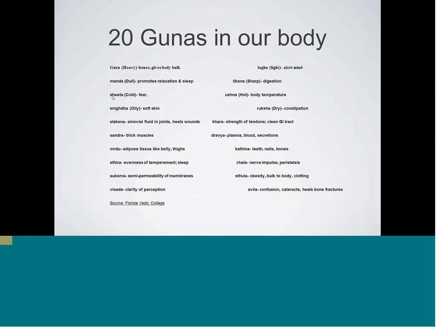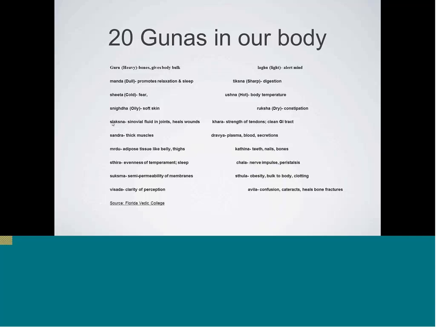The shita quality or cold is manifest in fear, and the ushna or hot opposing quality in our body temperature. The snigdha or oily quality is necessary for soft skin, and the ruksha or dry quality is manifest when we have constipation.